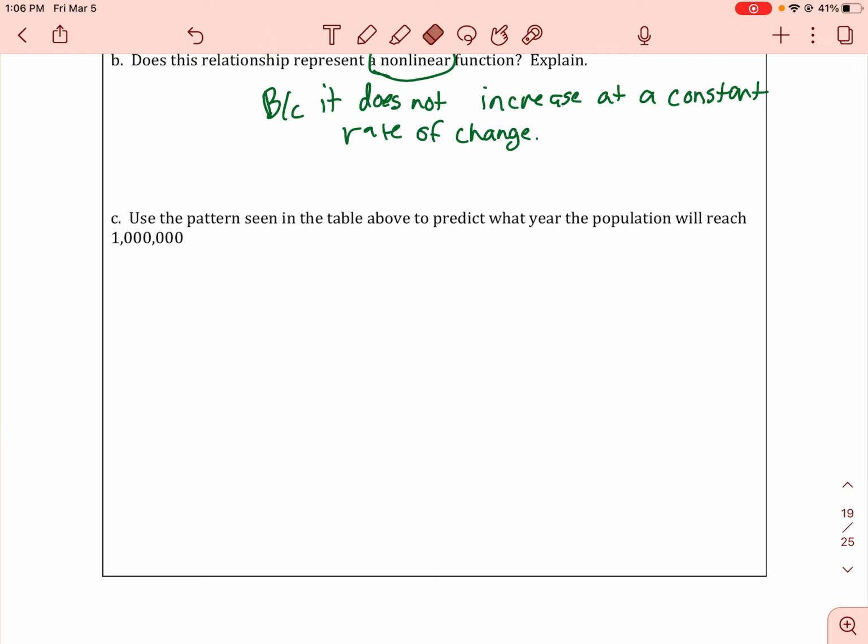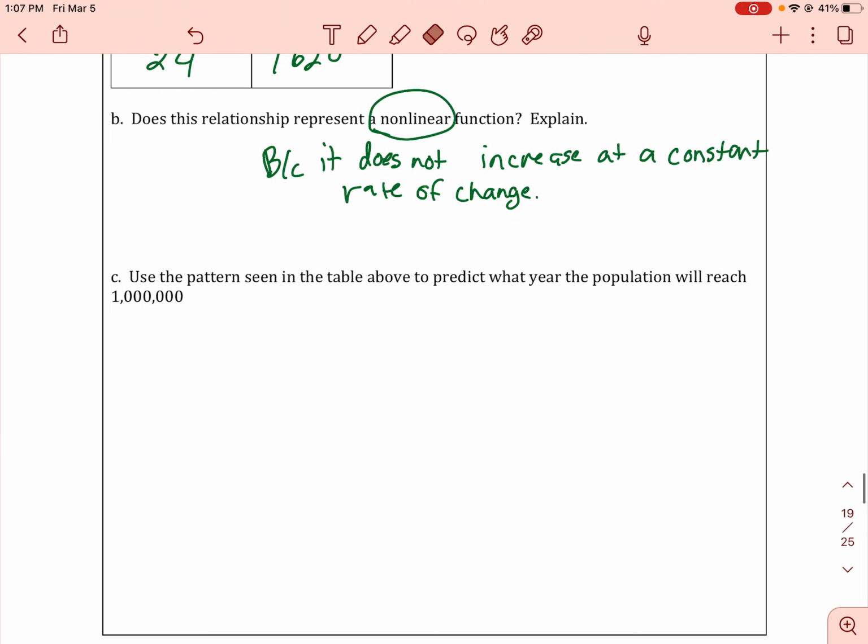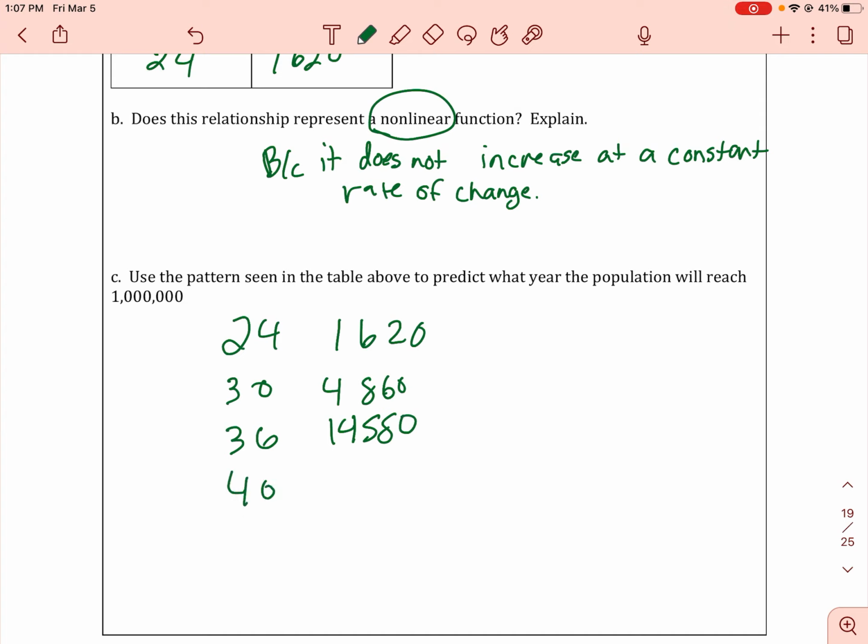So let's use this pattern to continue to see after how many years. So at 24 months, we're at 1,620. Then at 30 months, or 2.5 years, 4,860. 36 months, 14,580, and 40 months, 131,220.